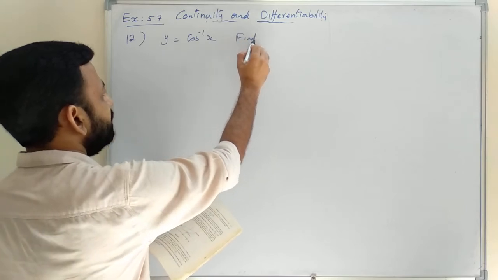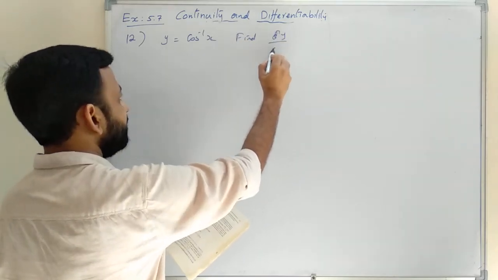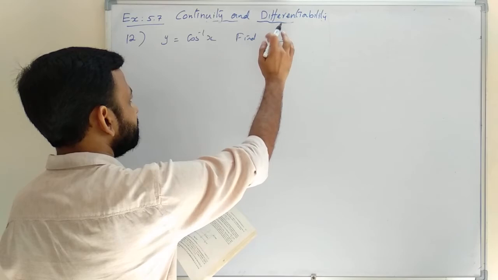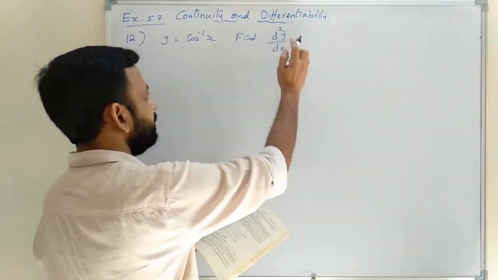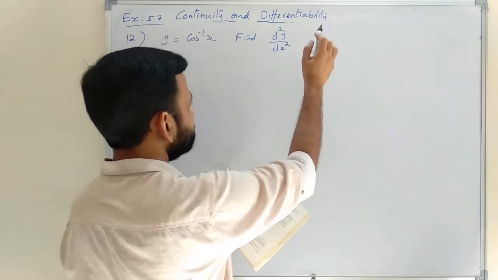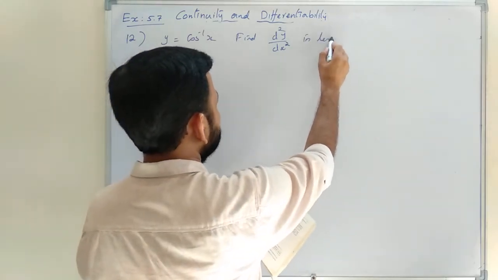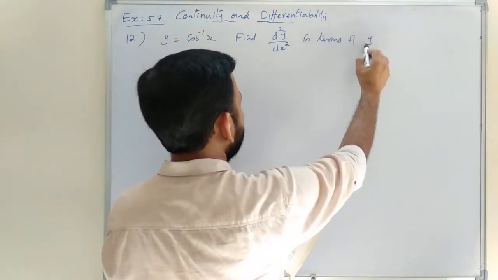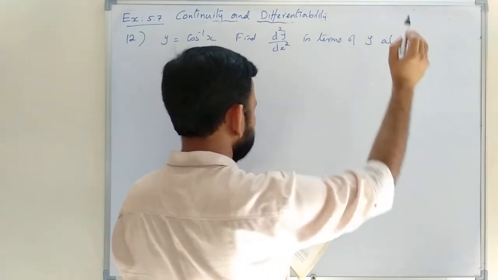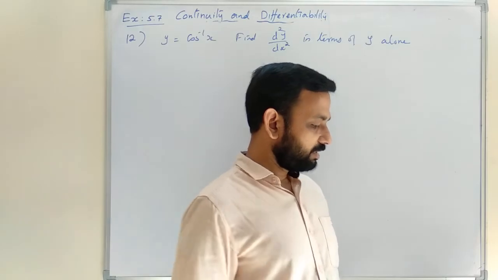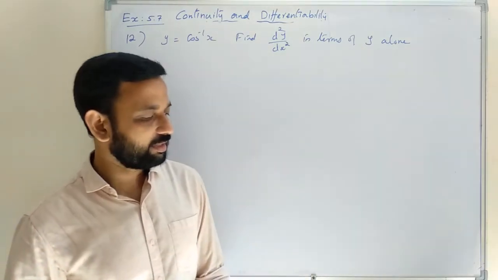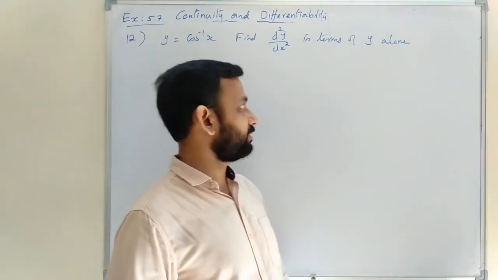Find d square y by dx square in terms of y alone. That is our question. y is equal to cos inverse x. Find d square y by dx square in terms of y alone.